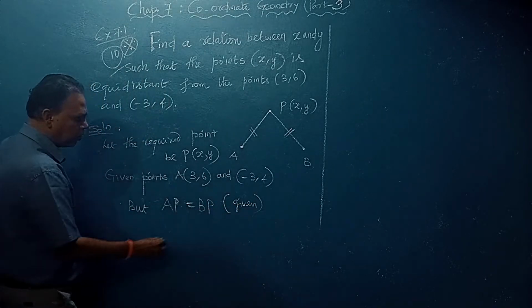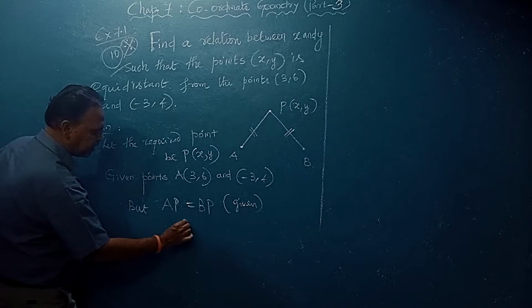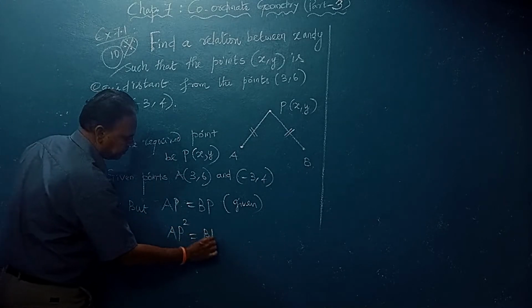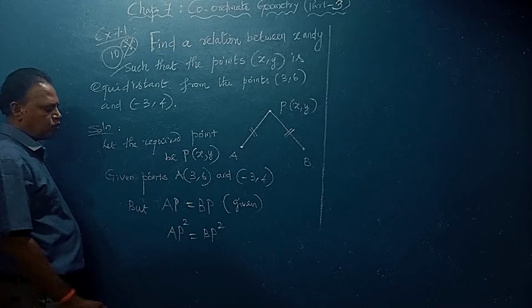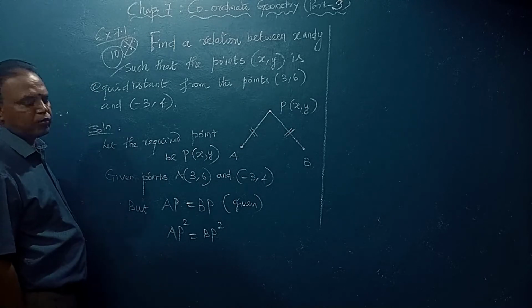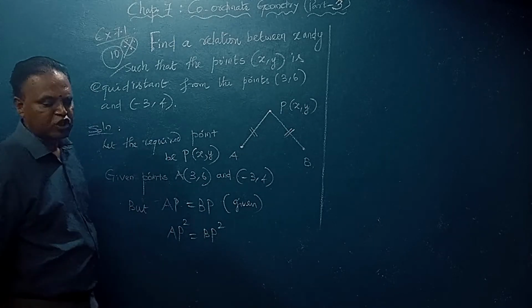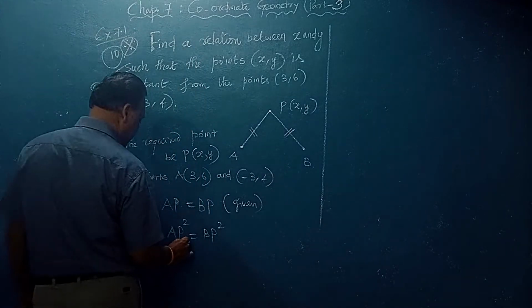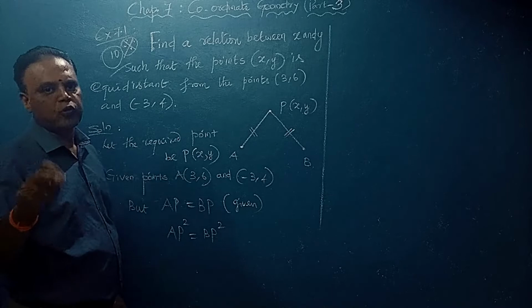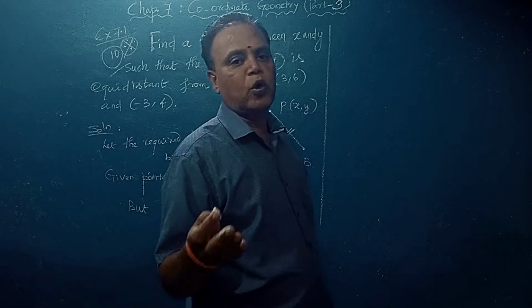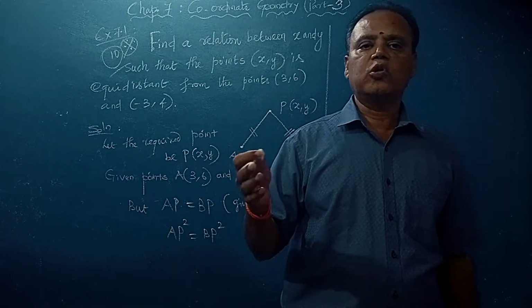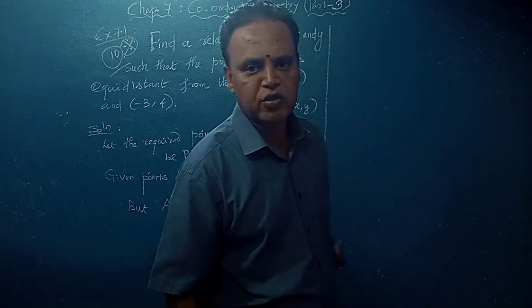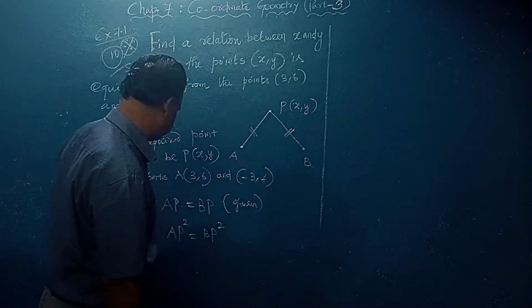So when you have equality, squaring on both sides gives a better simplification, that is AP squared equals BP squared. When you have squares, while applying the distance formula you need not write the square root. Simply write (x2 minus x1) whole squared plus (y2 minus y1) whole squared, the same distance formula without the root.